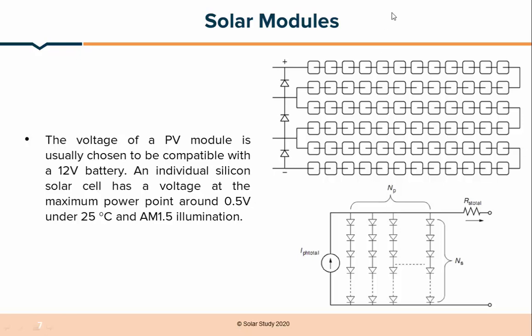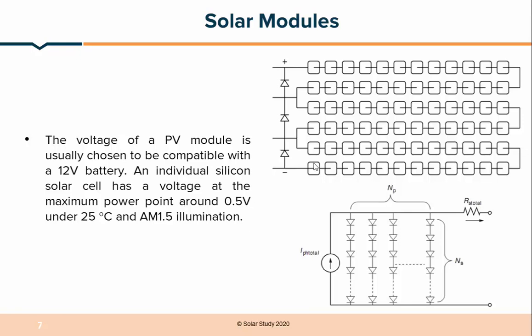Basically each solar cell has two terminals. Here, for understanding purposes, we show a single terminal, but generally each solar cell contains two terminals. All these solar modules are compatible with a 12 volt battery, because after generating the electricity from the solar cell, it should be stored in a particular storage. This storage system is called a battery, and that battery capacity is 12 volt.